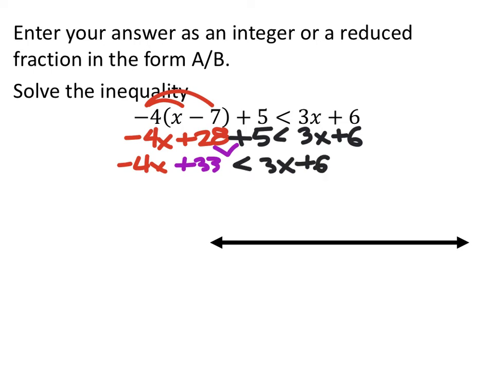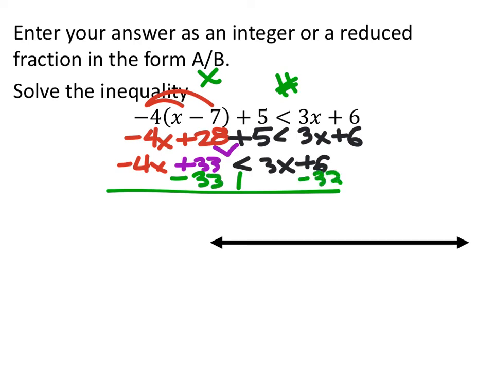And once again, you guys like those x's on the left, so I'm going to keep them there. Numbers are going to be on the right side. So I'm going to do this in one step again, just to save us some time and space on this. I'll get rid of that positive 33 and subtract it from both sides. That zeroes that out. And 6 minus 33 is negative 27 there.